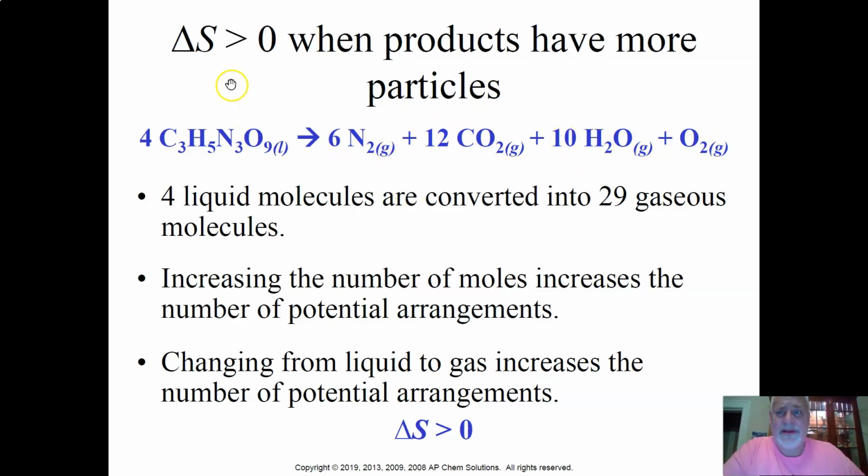Chaos on the right side. Delta S greater than 0. So that is a really good example of this. So just circle this statement right there. Circle or highlight.